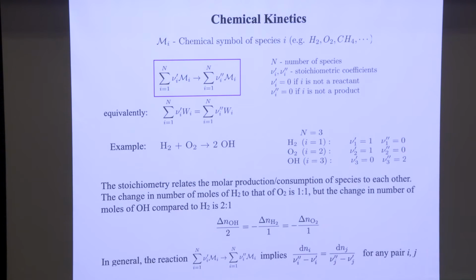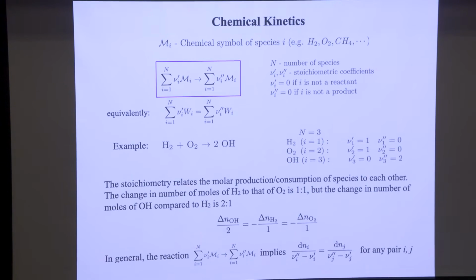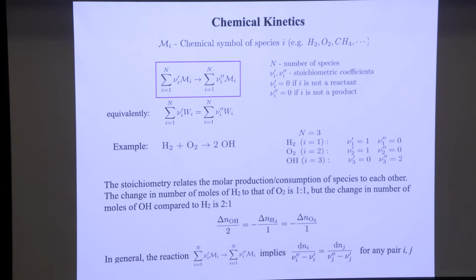Okay, and then there is, of course, a relation between the molar production or consumption of species to each other. Because in that reaction, for example, you need 1 and 1 to produce 2. So the change in number of moles of OH divided by 2, the change in number of moles of H2 divided by 1, and O2 divided by 1 are the same, which you can express in general in this form.